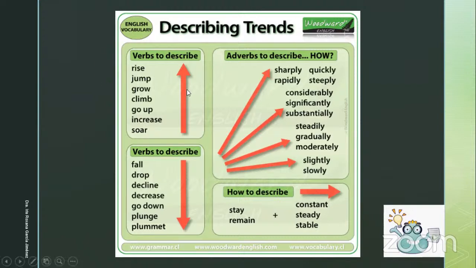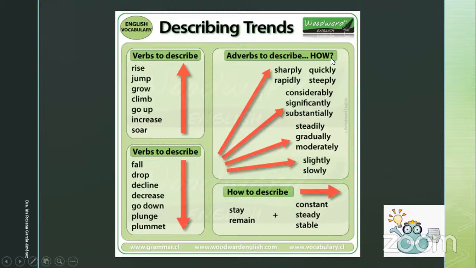Verbs to describe the increase, verbs to describe the decline, all of them. Rise, jump, grow, climb, go up, increase, soar. The decline: fall, drop, decline, decrease, go down, plunge, plummet.